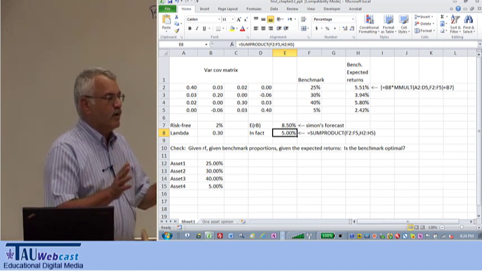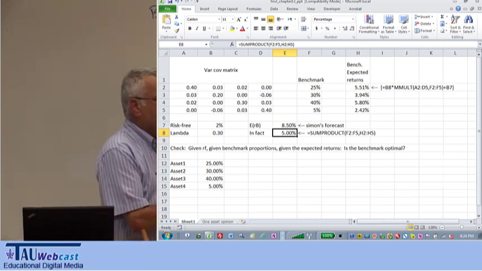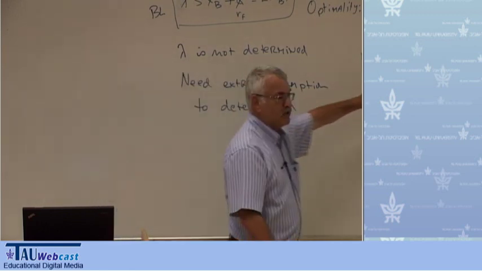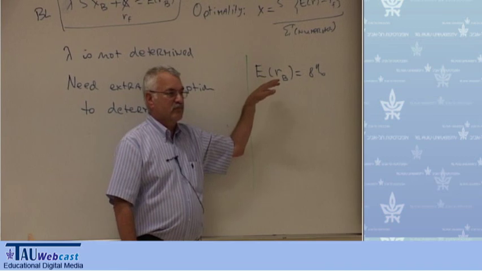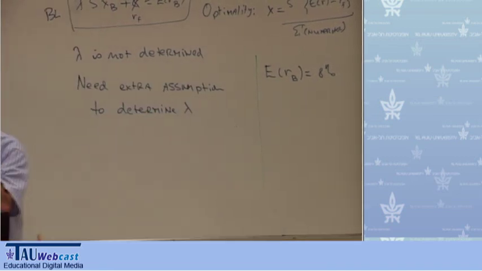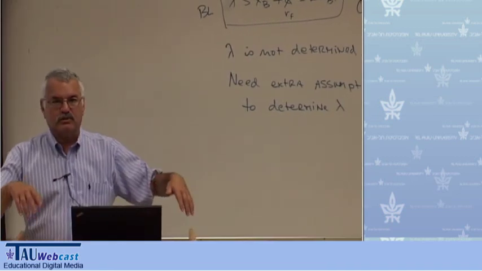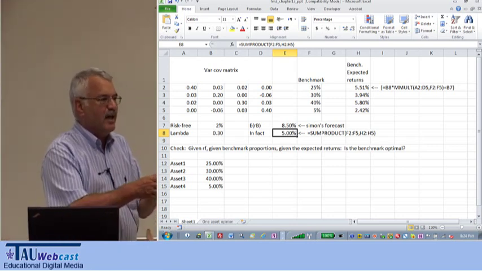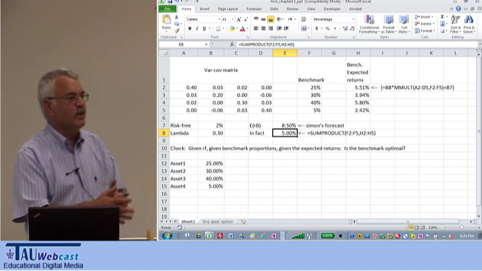Okay, so here's what we're going to do. We're going to change lambda so that this forecast is true. That's not a big deal. In fact, if you look at the slides for this particular chapter, I give you the answer. There's actually an analytical answer to this.